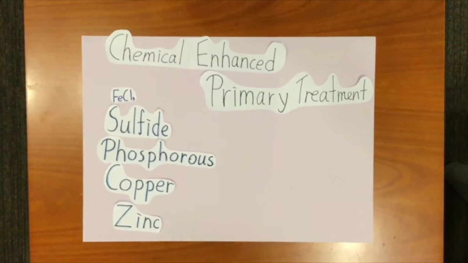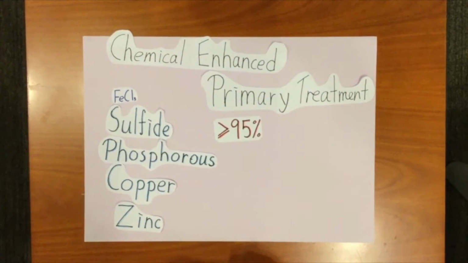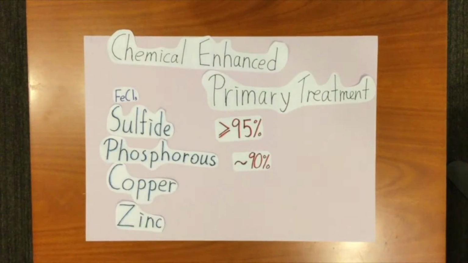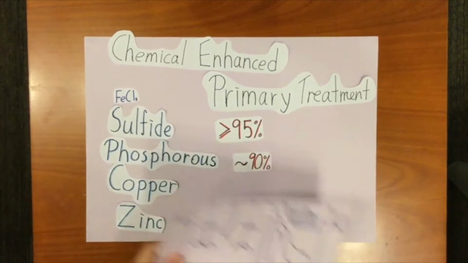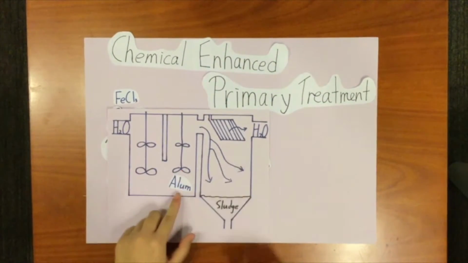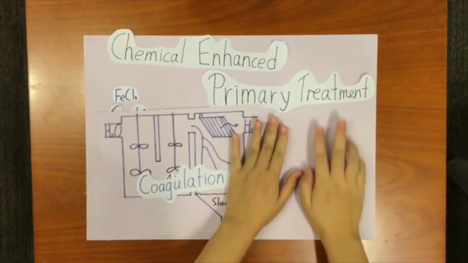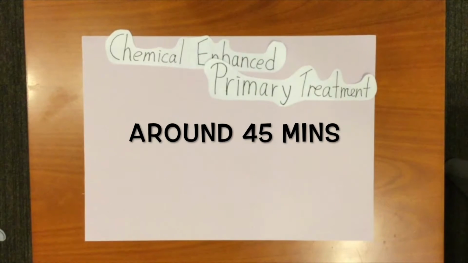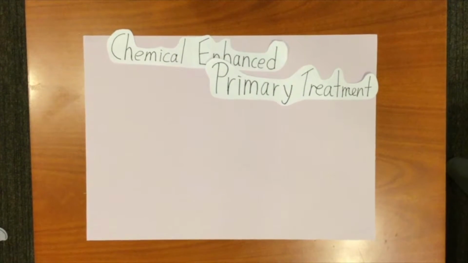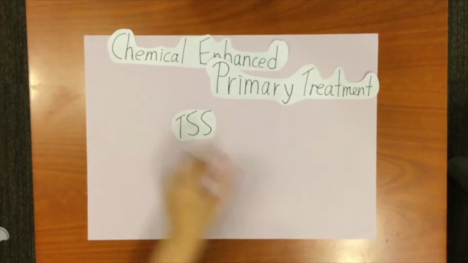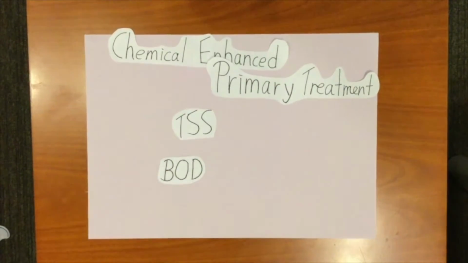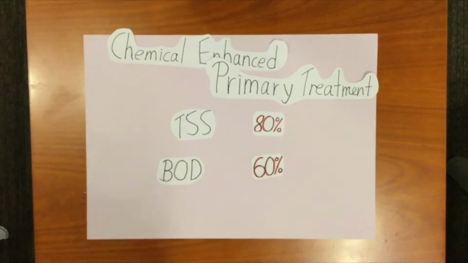They are at least 95% and around 90%. Alum cooperates with the chemical for coagulation, clumping together with charged particles to help filtration. Around 45 minutes, the removal efficiency for total suspended solids and biological oxygen demand are 80% and 60%.